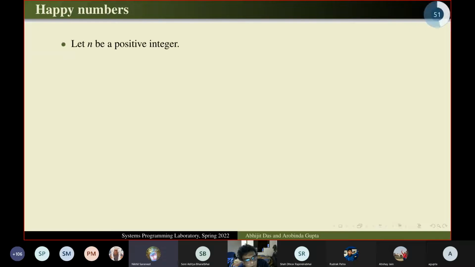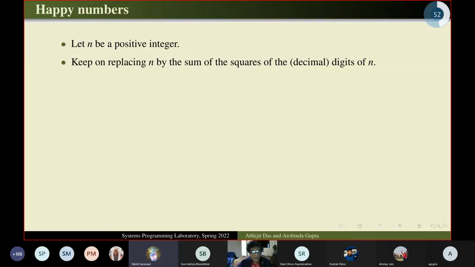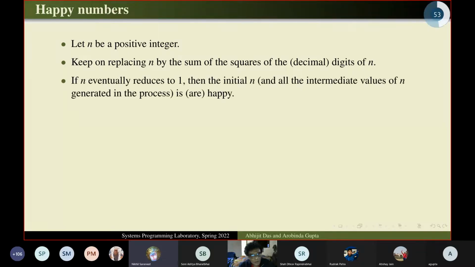So let n be a positive integer. Let me first define a concept called happy numbers. In a loop, I will replace n by the sum of squares of the decimal digits of n. And we will see if n eventually reduces to 1.